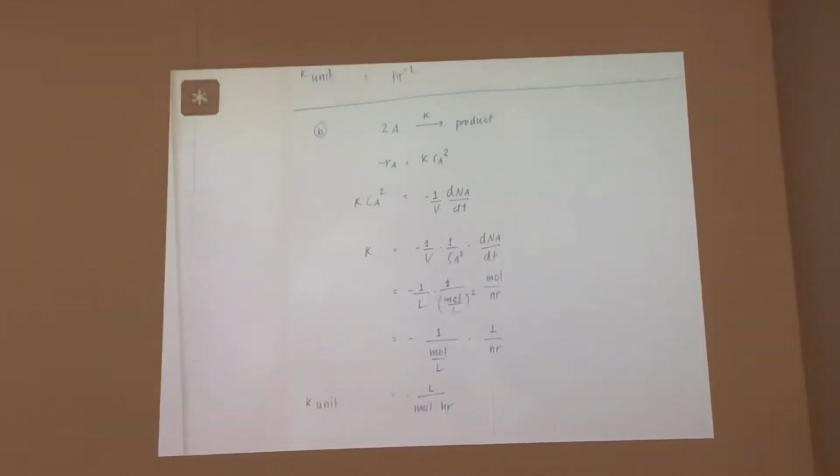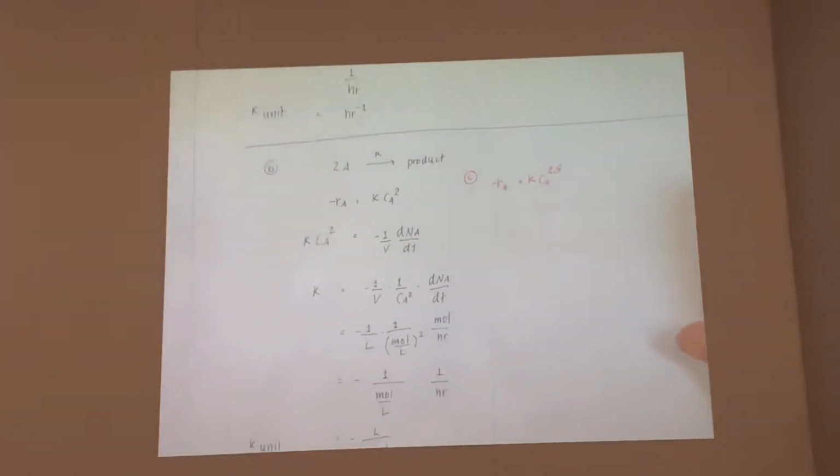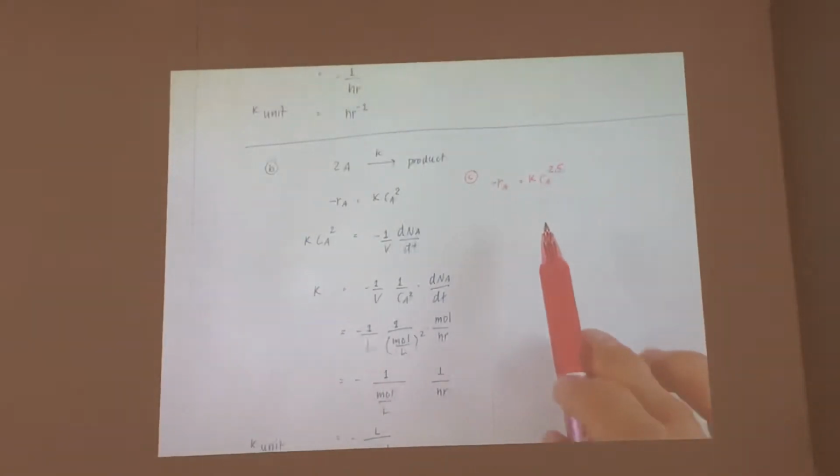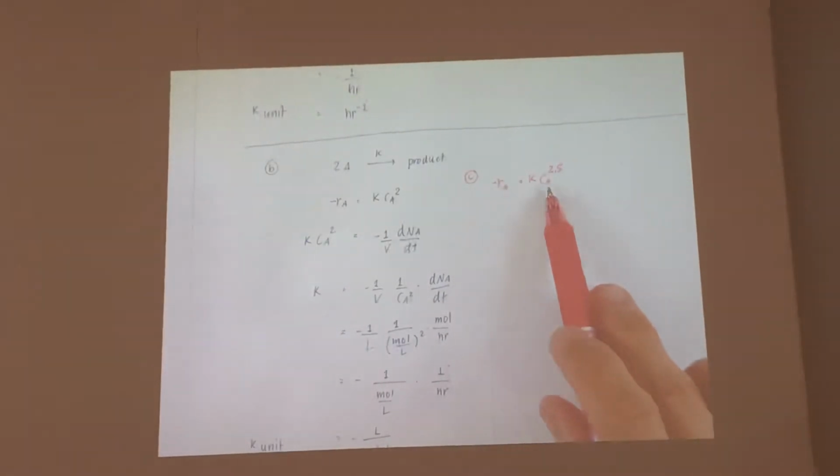For question C, the rate of reaction will be K[A] to the power of 2.5, because the order of reaction is 2.5.